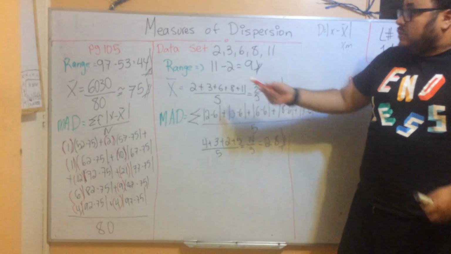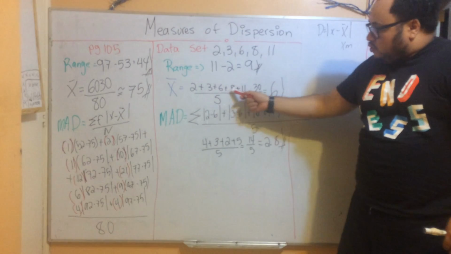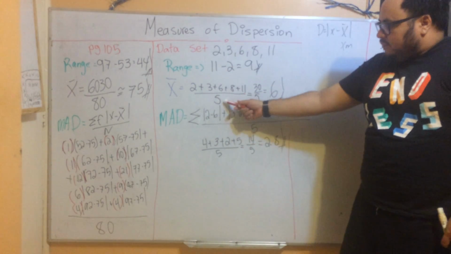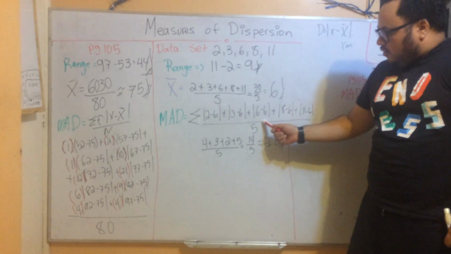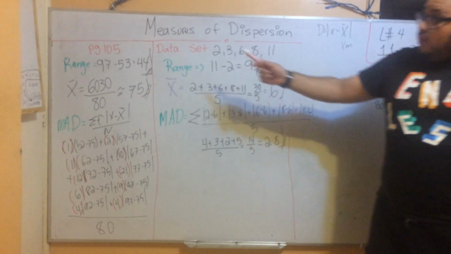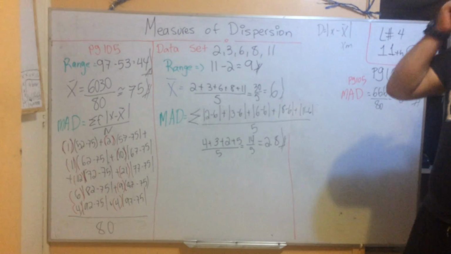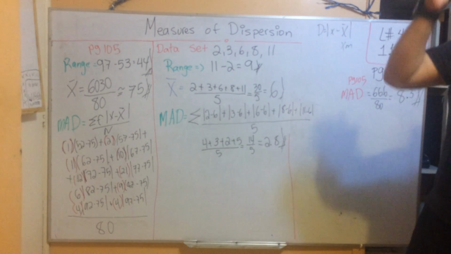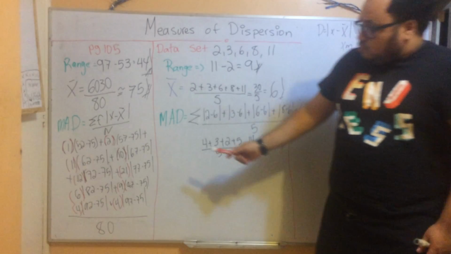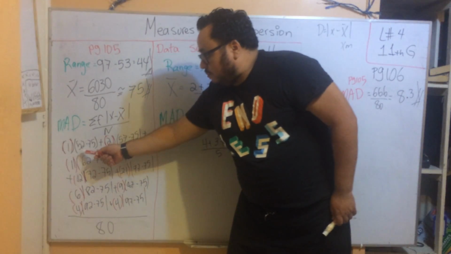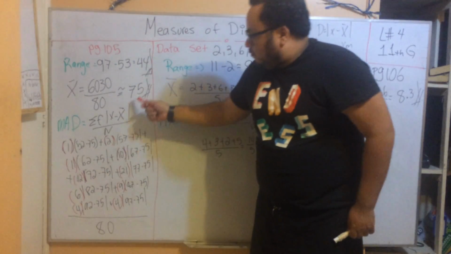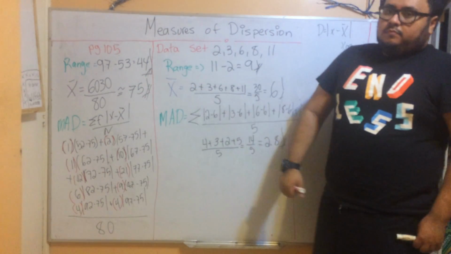We just have a data set, so we add them and divide by the number of data, and here we do the deviation. But when we have grouped information, we use the class mark and we use the frequency. So 52 we got from the xm on the frequency table, and 75 we got from the mean.